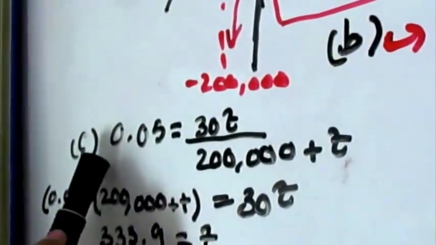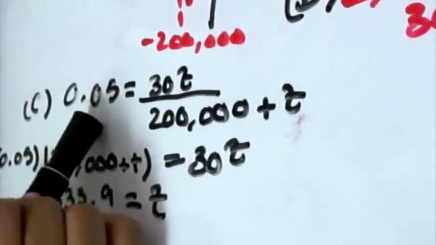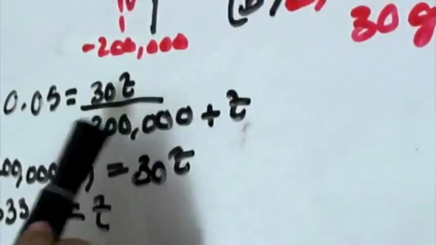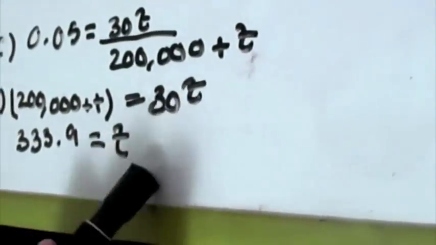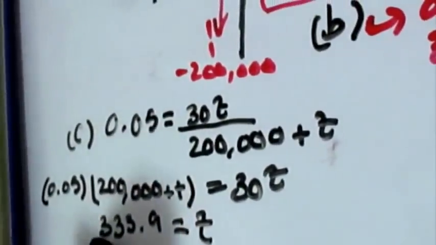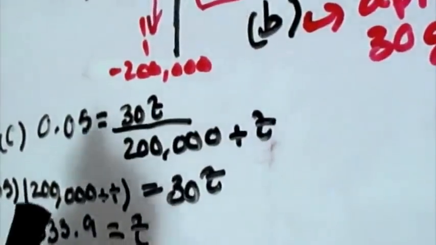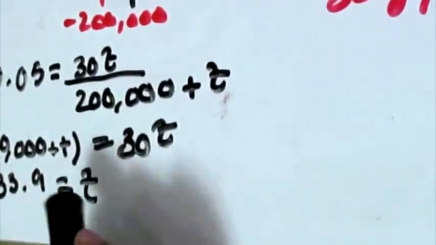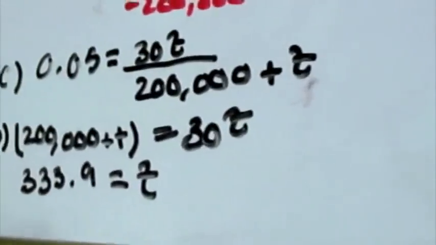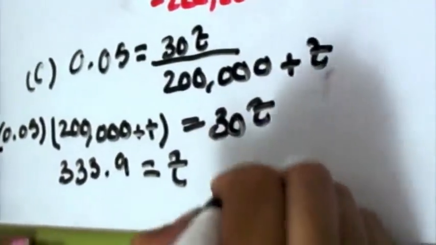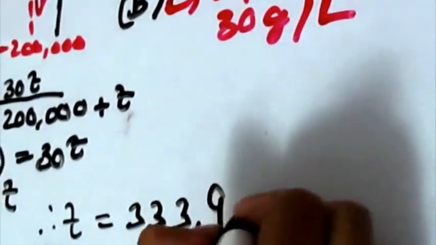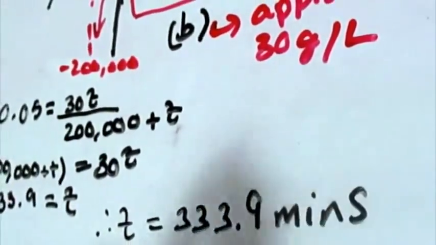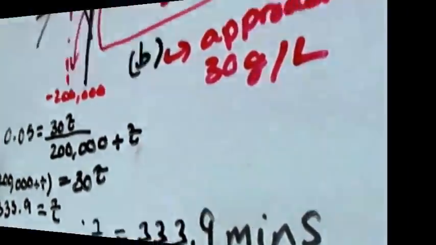So we set 0.05 equal to 30 over 200,000 plus t, and we rearrange for t, and we find that it's 333.9 minutes in this case. So again, you can write your therefore statement, and that is the time for this concentration.